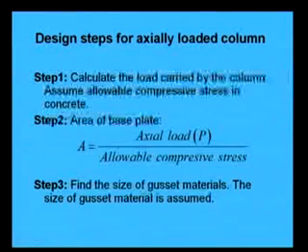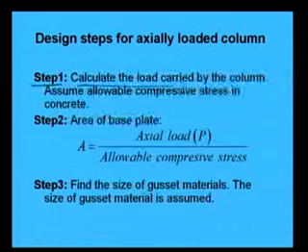Before solving, I will refresh the steps for one minute, because unless we remember the steps we may be in trouble going step by step. First step: calculate the load carried by the column, and assume the allowable compressive stress in concrete as per the concrete specification.